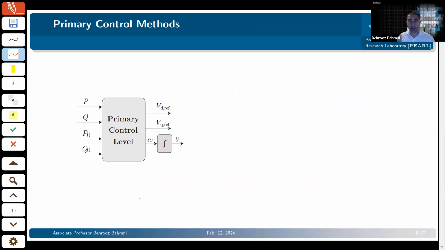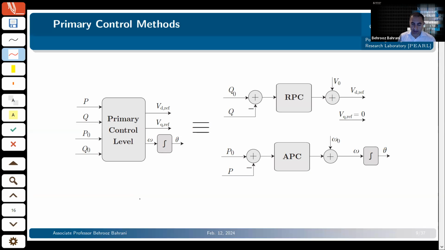A closer look at the primary control level: like I said, we are typically receiving real and reactive power set points, and we calculate the real and reactive power of the inverter in order to provide VD and VQ for the voltage control loop and the frequency. So typically what we've got are two separate loops. Most of the time we treat the system as a decoupled system.